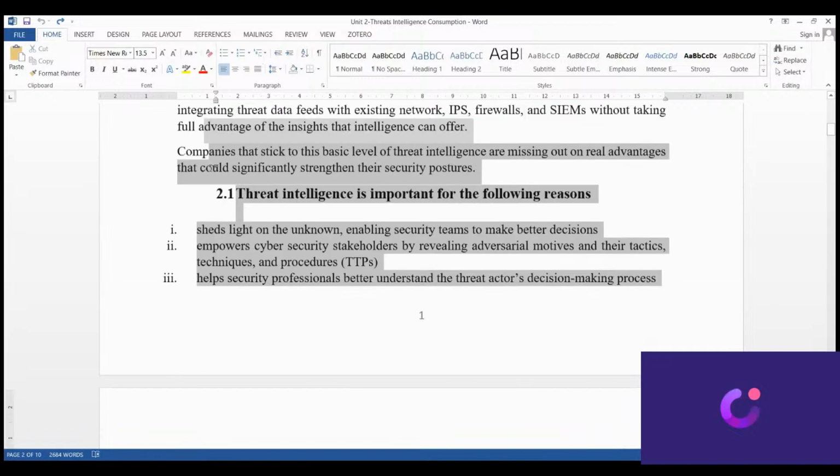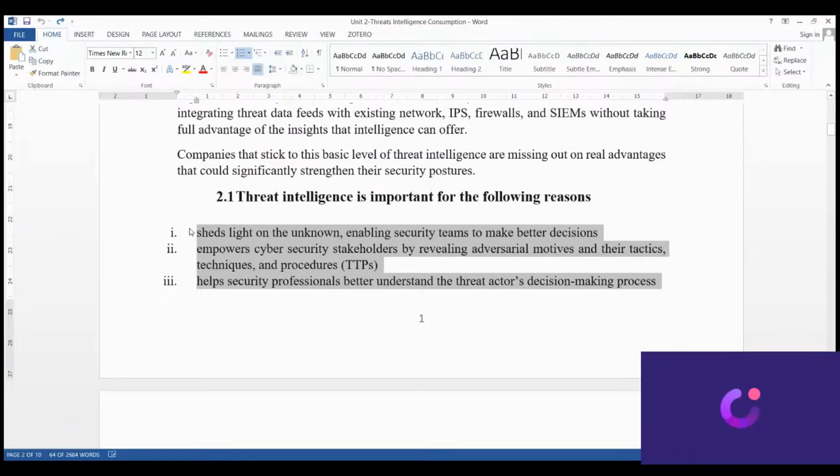So these are the four importances of threat intelligence. One, you shed more light on the unknown by enabling security teams to make better decisions. Two, you empower cybersecurity stakeholders by revealing advantages and disadvantages.